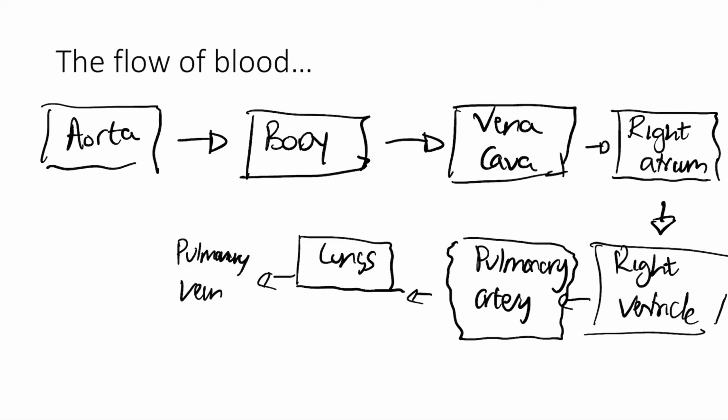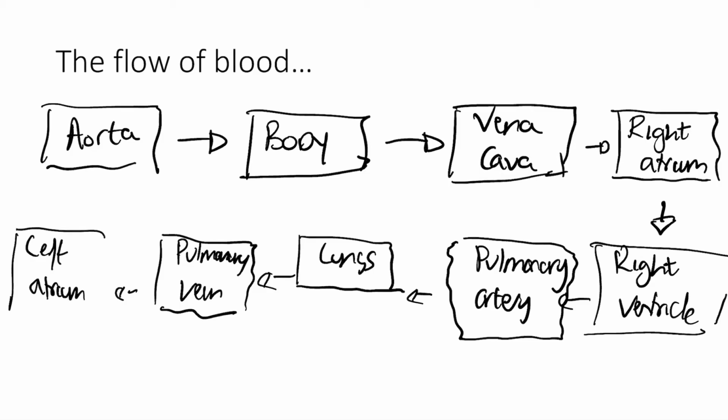And this is of course to the left side, where it first goes into the left atrium and then into the left ventricle, and then of course out of the aorta, where it goes to the body, the vena cava, the right atrium, and so on, and it repeats, and it's a whole circuit, and it goes again.